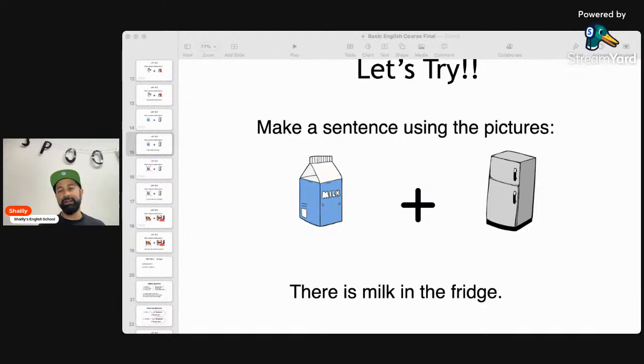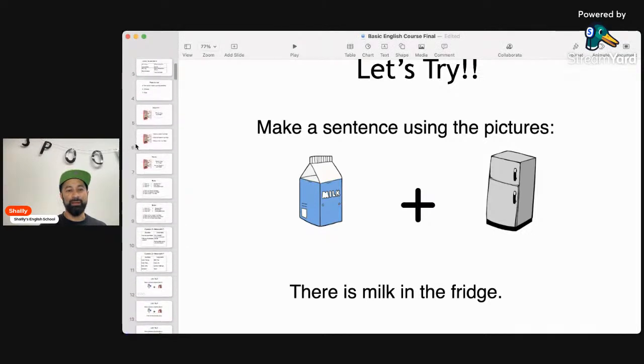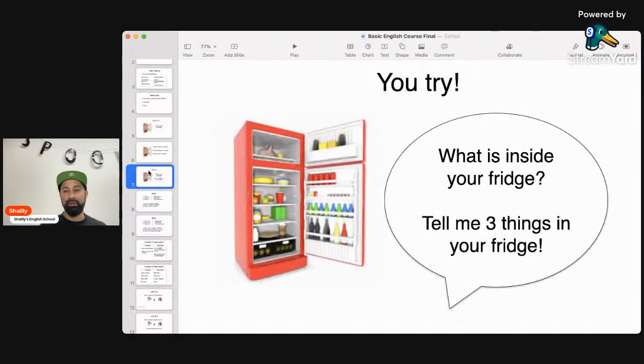And remember, if you think of a question later, you can always leave it in the comment section. And do not forget, you do have homework. You're going to tell me 3 things that are in your fridge. Please leave these answers in the comment section. I will check them. So first, open your fridge, look what you have inside.